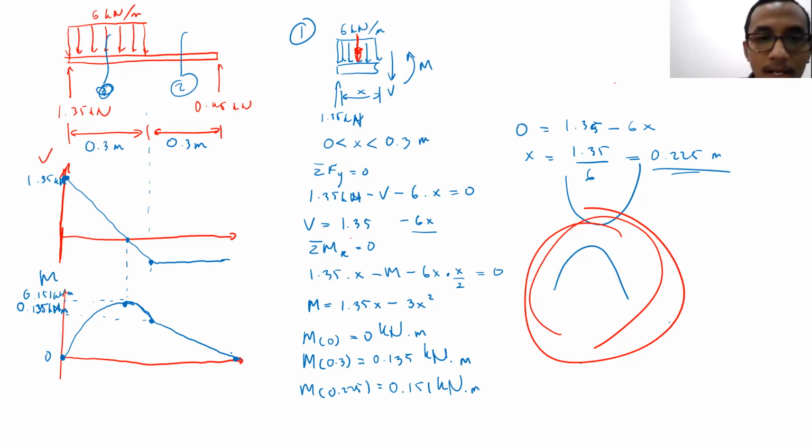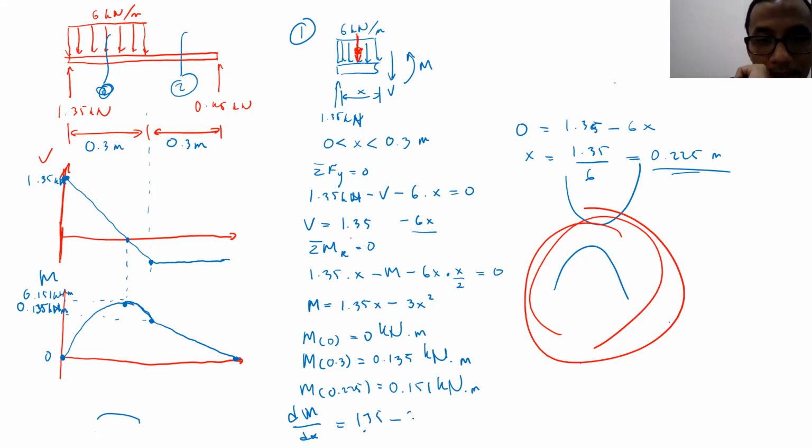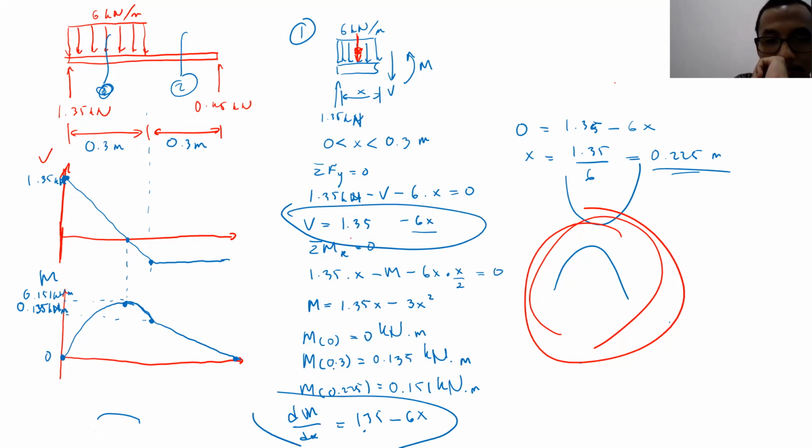So let's try. dm per dx, what is the value of dm per dx there? dm per dx will be 1.35 minus 6x. I see. Okay. It is always like that, Pak.